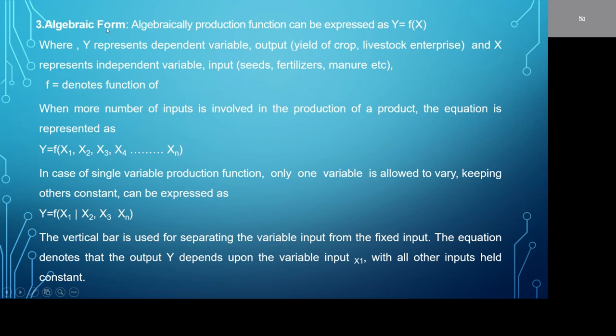Next slide. Algebraic form. This is the final form, that is y equal to f of x. Y is the dependent variable, x is the independent variable, f denotes the function of. Dependent variable is also called output or product, that is crop or livestock enterprise.